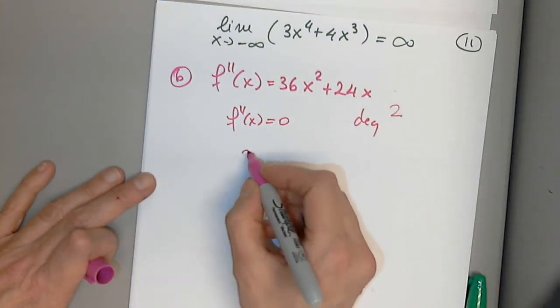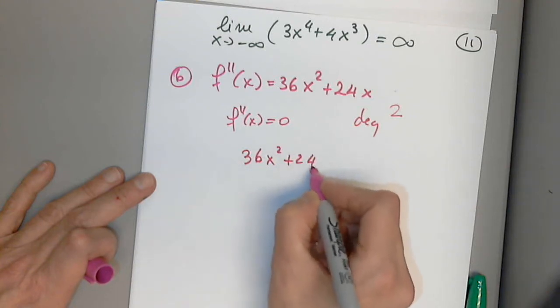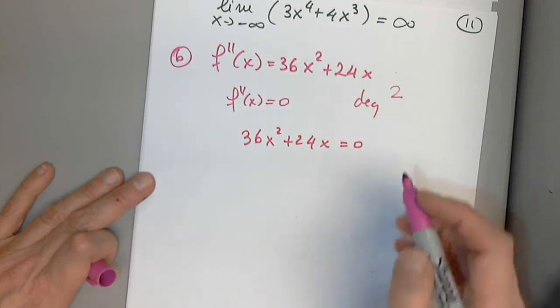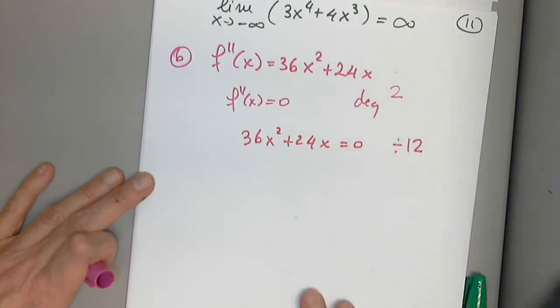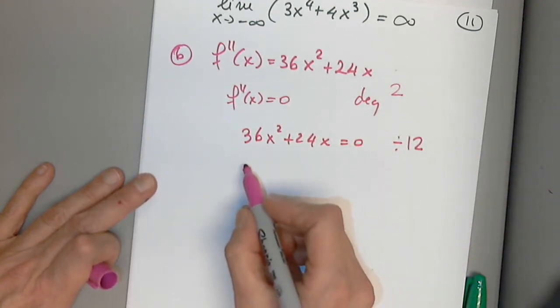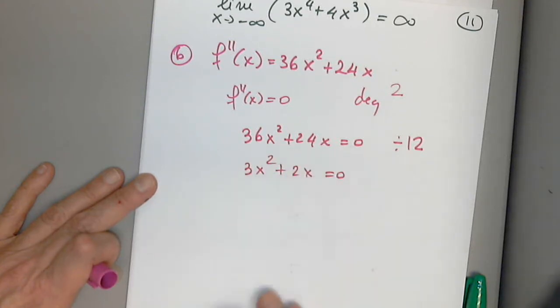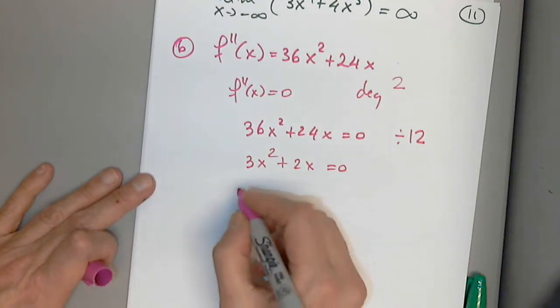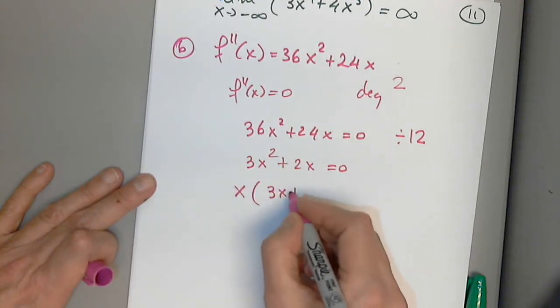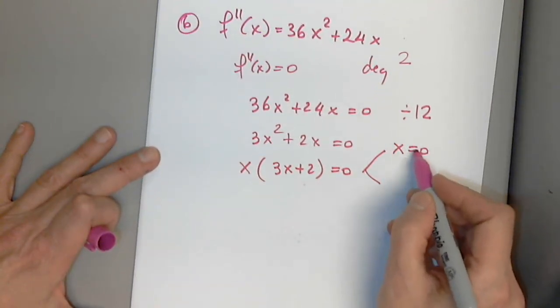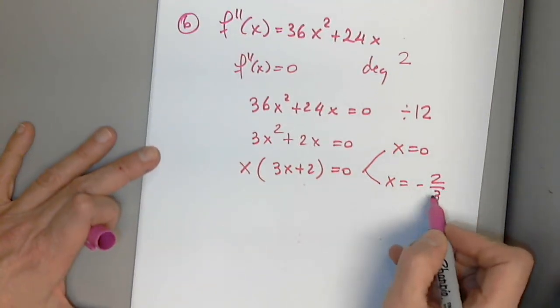And 36x squared plus 24x equals 0. I will simplify by 12, first of all. So I have 3x squared plus 2x equals 0. Yes, I factor out the x, and I get 3x plus 2. And I do have 2 solutions, x equals 0 and x equals -2/3.